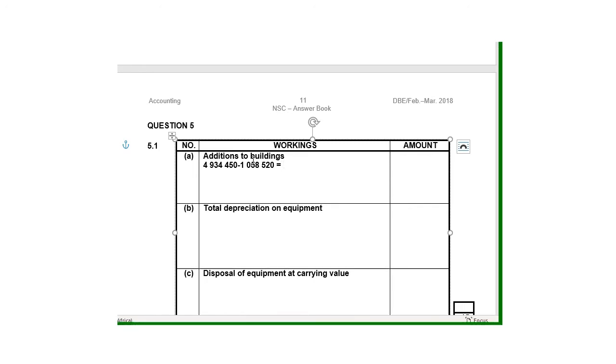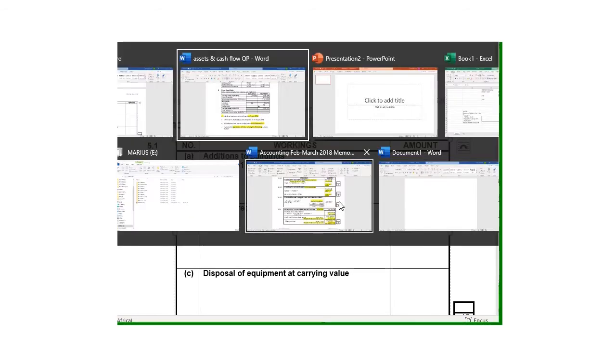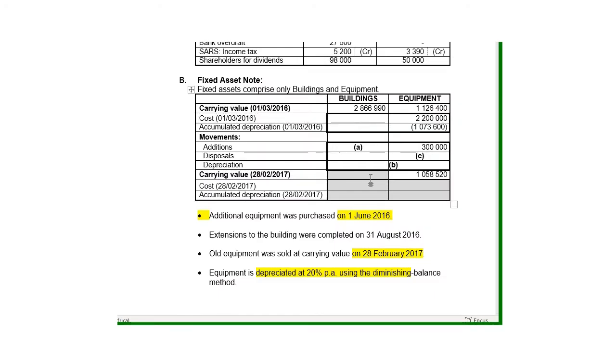So if I work out that difference, that would be my carrying value for land and buildings. Still not what I'm looking for, but now I've got this figure, the carrying value for land and buildings at the end. There's no depreciation for land and buildings, so whatever the carrying value is also the cost.